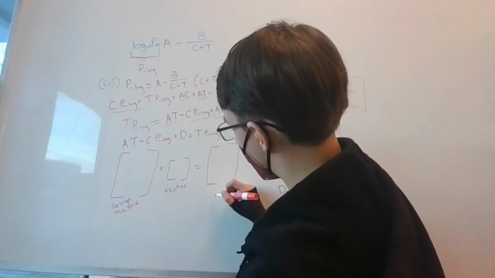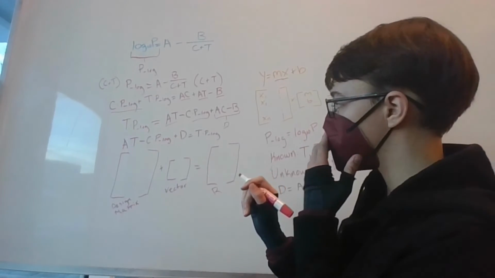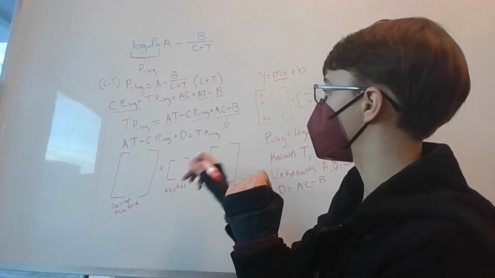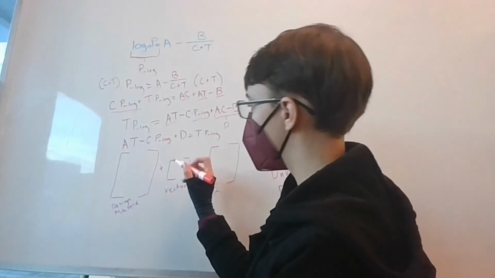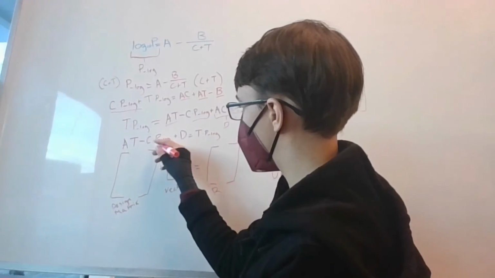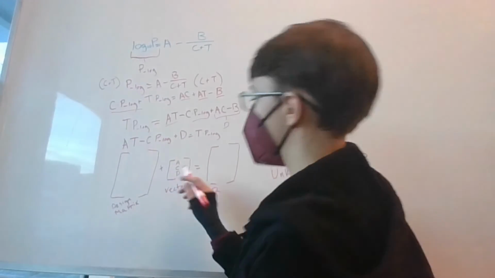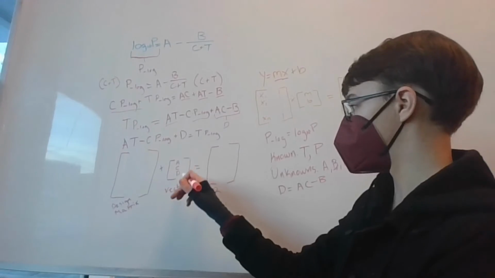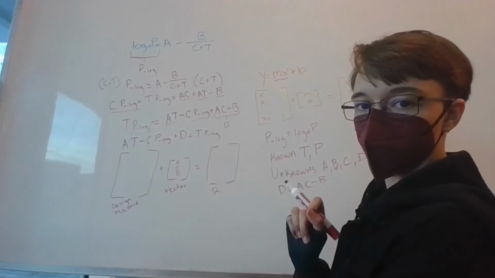We'll call it R. Okay, so this middle vector we're going to have just our unknowns. So the unknowns we see are going to be A, C, and then D. And later, once we solve for the D value, we can come over here and find the B value because we'll solve for the A and C as well.